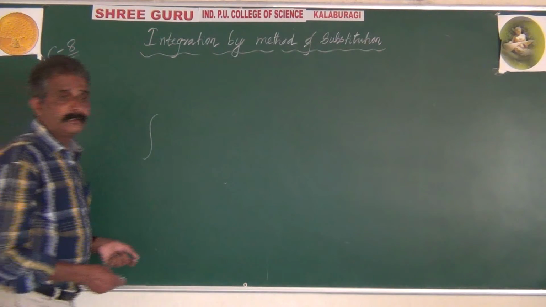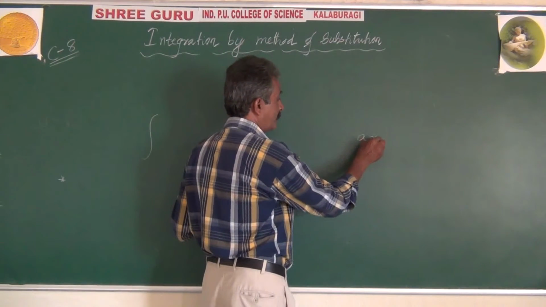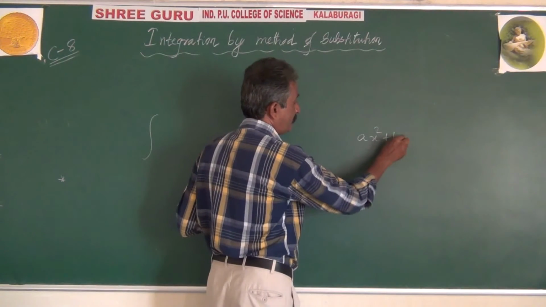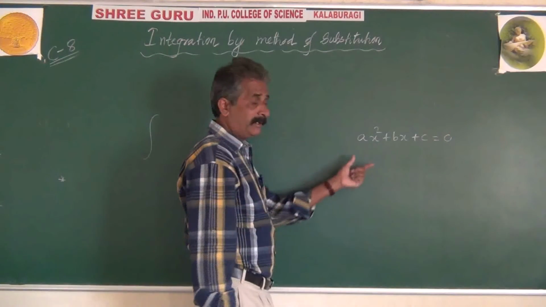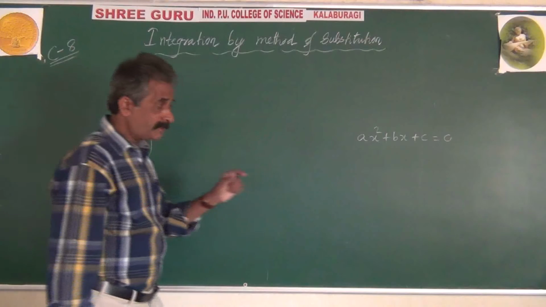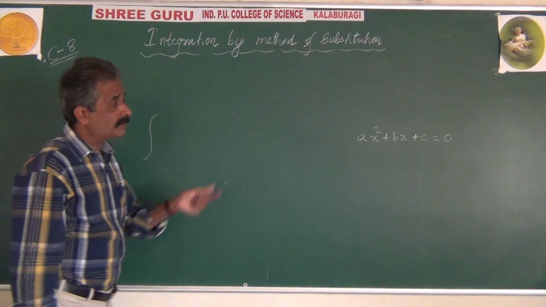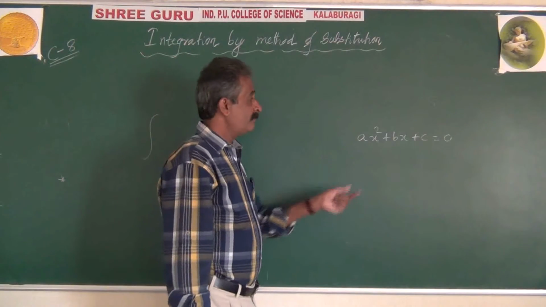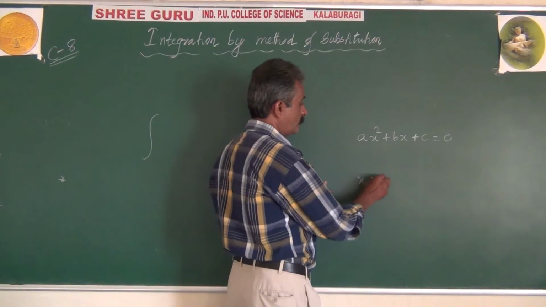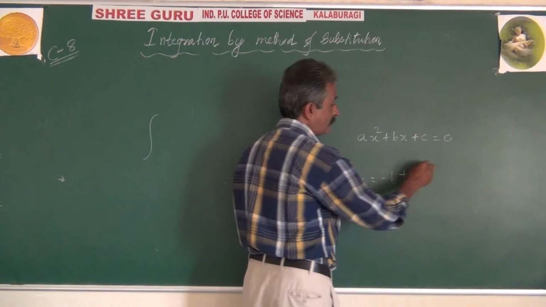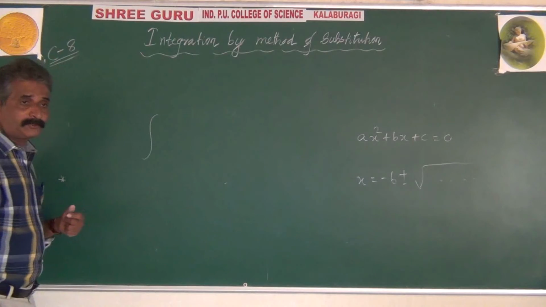Just like recall high school, when we have a quadratic equation ax squared plus bx plus c equal to 0, if this can be easily factorizable into two linear factors, then directly we get the roots of this equation. If we are unable to factorize, then we use the formula x is equal to minus b plus or minus under root b square minus 4ac by 2a.